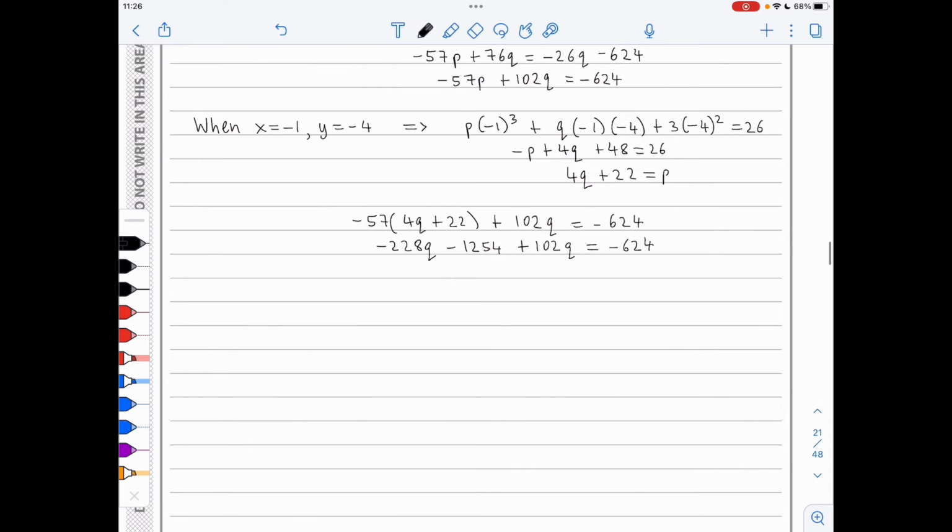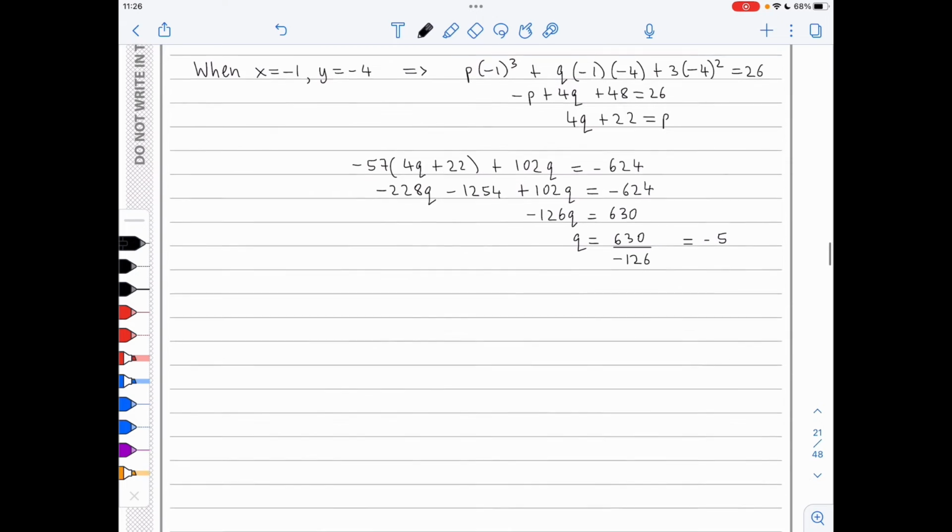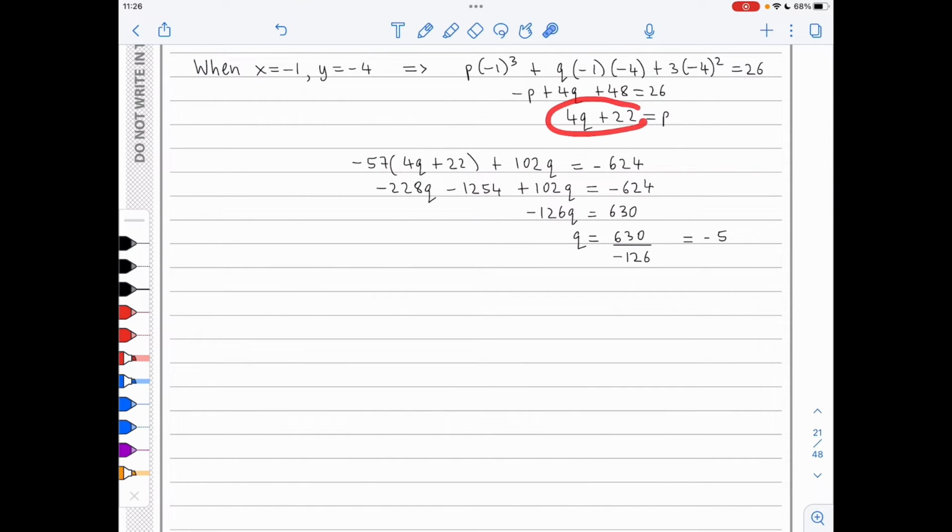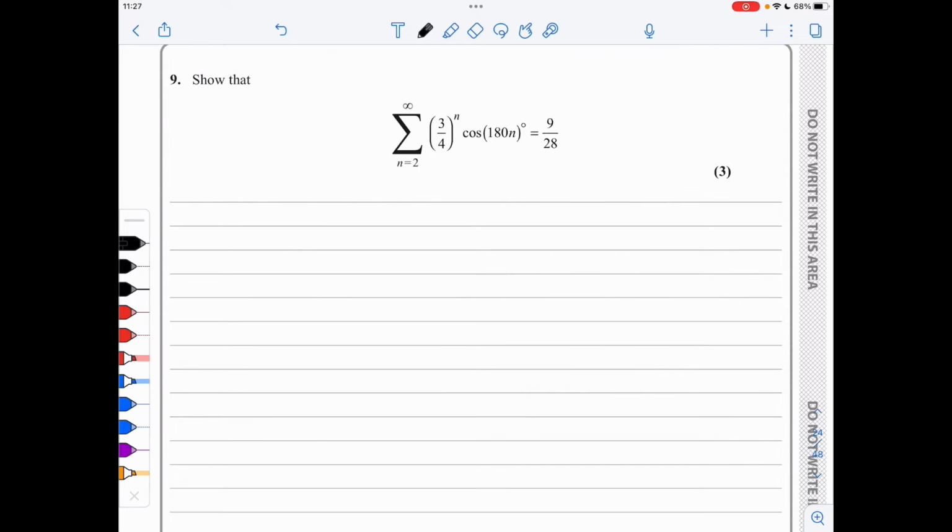So simplifying this into minus 126Q is 630. So Q must be 630 over negative 126, which is negative 5. To find P, I will simply substitute the value of Q of negative 5 into this expression here. So we get that P is 4 times negative 5 plus 22, which is 2.